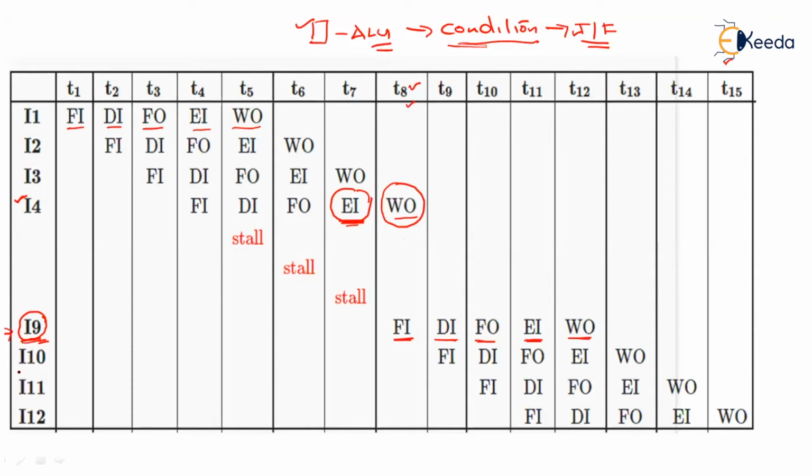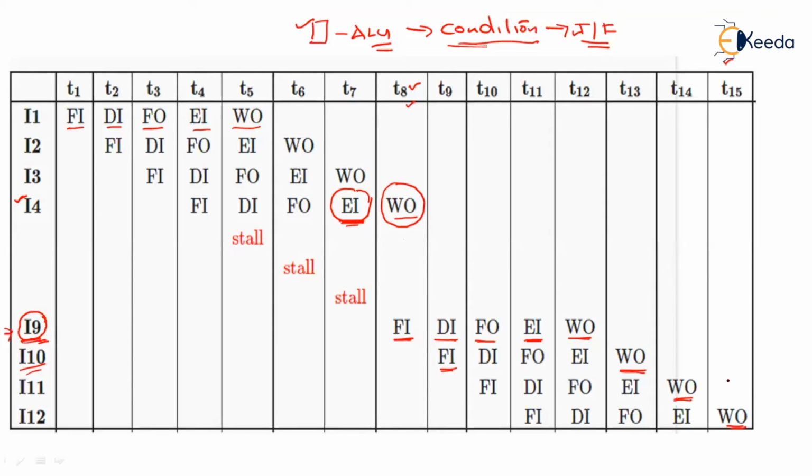Subsequently, I10 will enter into the fetch the instruction stage in the 9th clock cycle. Similarly, it is going to finish in the 13th clock cycle. I11 is going to finish in the 14th clock cycle. I12 is going to finish in the 15th clock cycle.